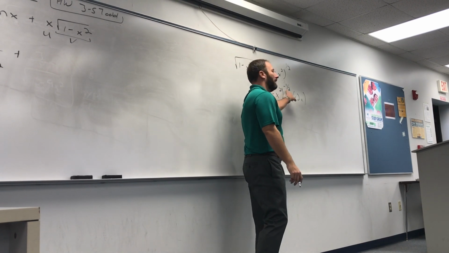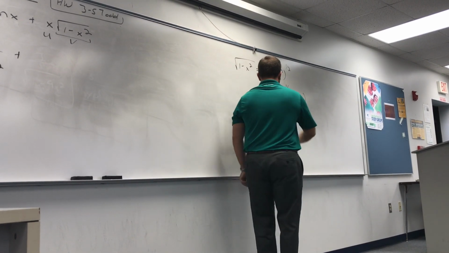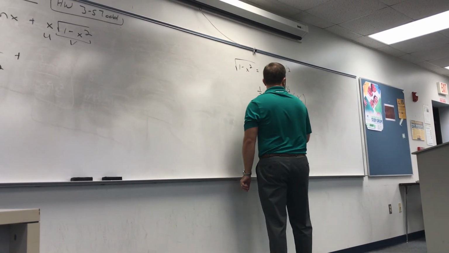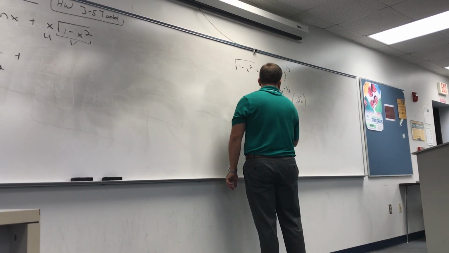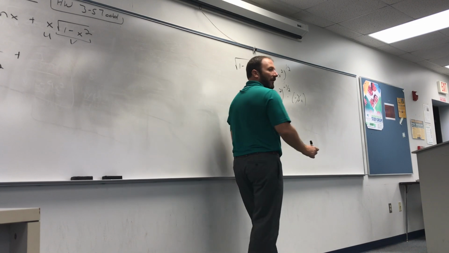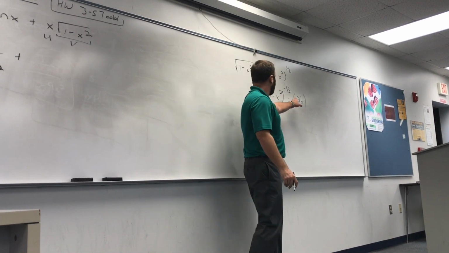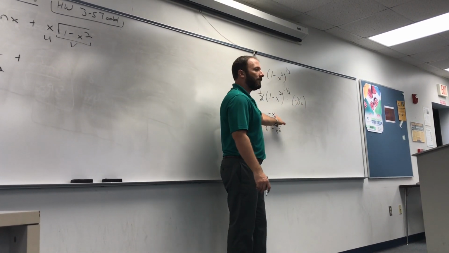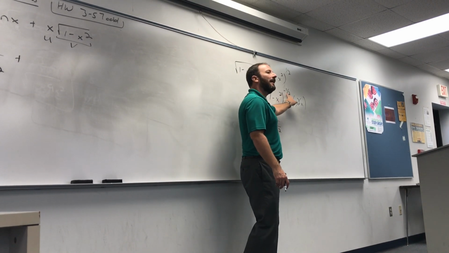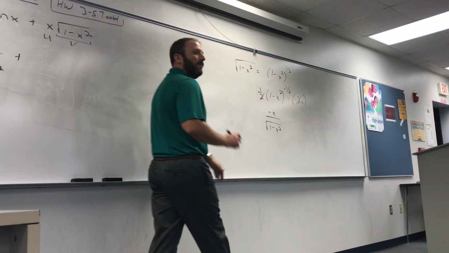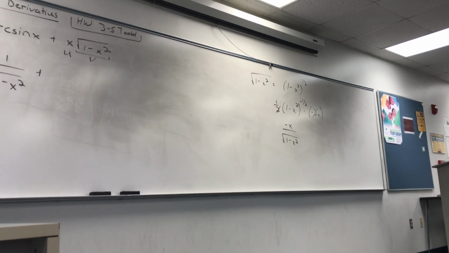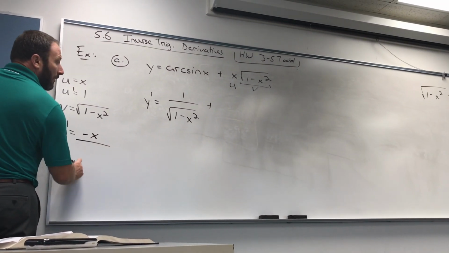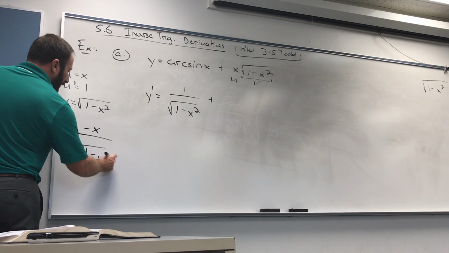Down, inside, 1 less, derivative of the inside. So we can see our 2's cancel. Up top, we're going to have a negative x. On the bottom, we're going to have the square root of 1 minus x squared. So we've got a negative x up top, 1 minus x squared to the negative 1/2. Negative means it's in the bottom. 1/2 means it's the square root. So v prime is negative x over the square root of 1 minus x squared.